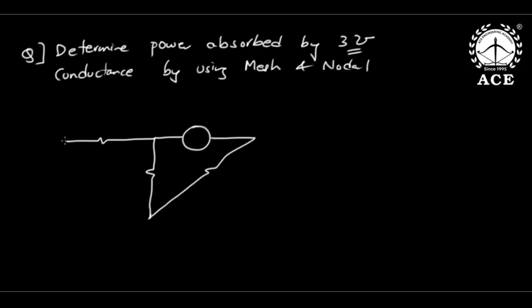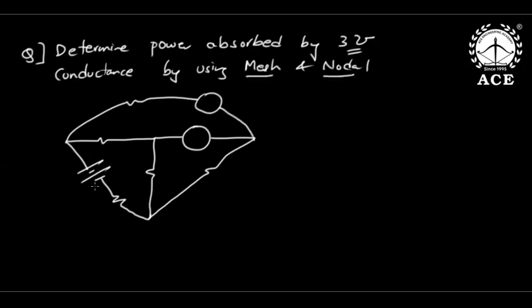Determine the power absorbed by 3 Siemens conductance by using mesh and nodal analysis. So this is like 10 volts, 2 Siemens, 3 Siemens, 1 Siemens, 5 Siemens, 4 Siemens.